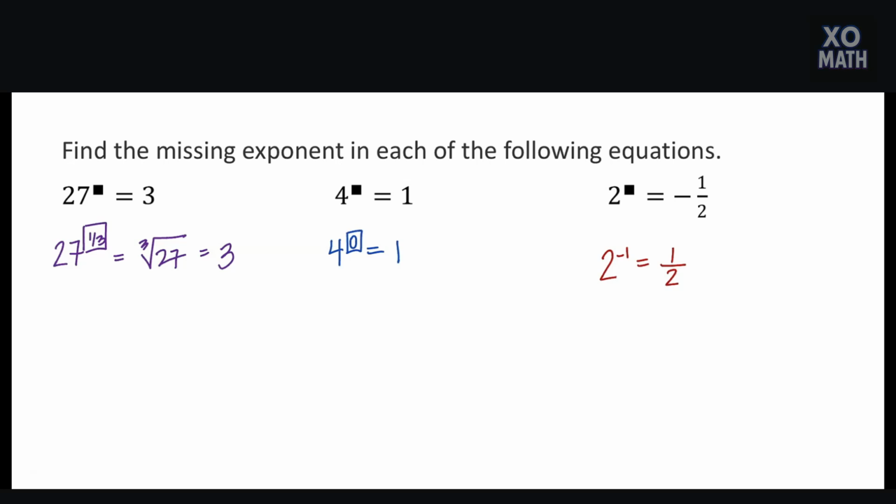Well, sorry to tell you, you've been tricked here. This isn't possible. There is no solution to this missing exponent. So there is no number. So I'm going to go ahead and put no solution here because we are trying to solve for a missing exponent. So there's no number that I can raise 2 to get out a negative value.